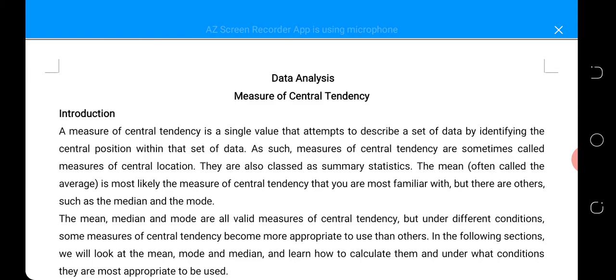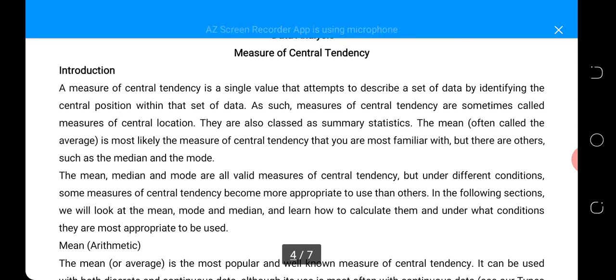After data presentation, the next stage in statistics is data analysis. Data analysis is a way of using our table or our graph to draw some conclusions about the data drawn.